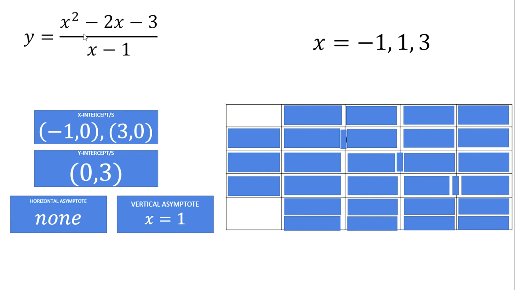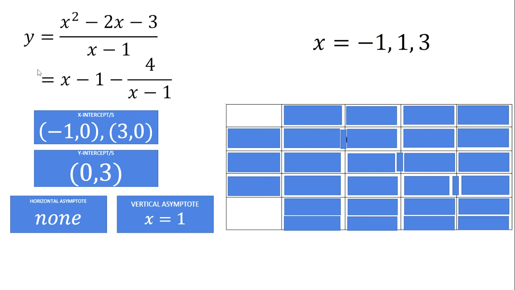Dividing it using long division or synthetic division, we obtain x minus 1 minus 4 over x minus 1. All we need here is the quotient. Don't include the remainder.